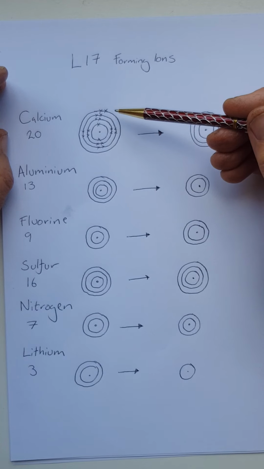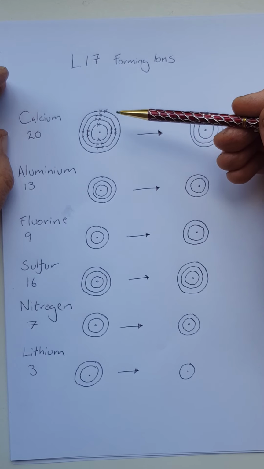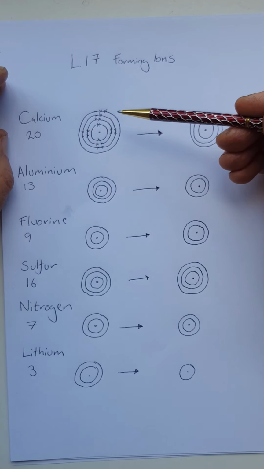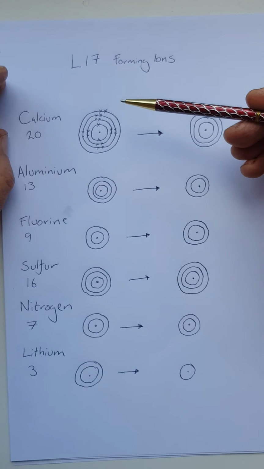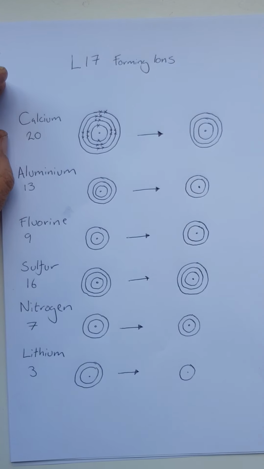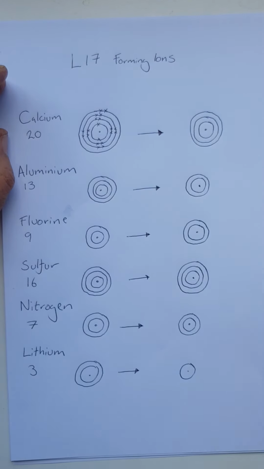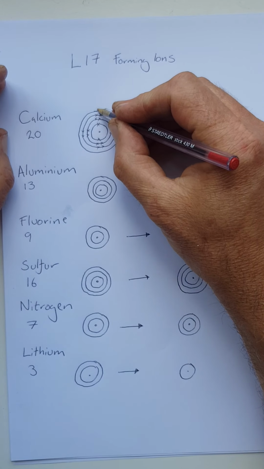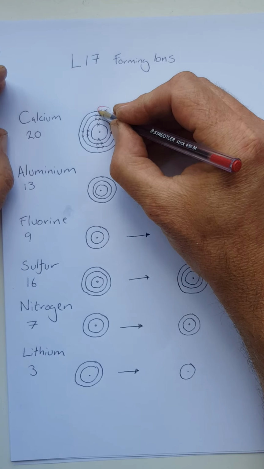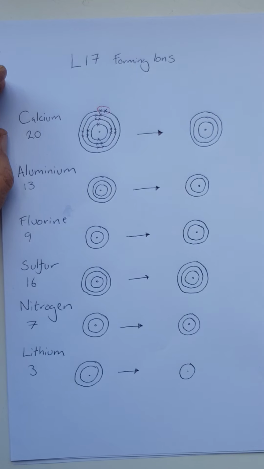And so what it will try and do is, in one way or another, make sure that its final shell is a full one, which means generally that metals, calcium's a metal, will do that by losing electrons. And you can see these two electrons here are sitting in the outer shell. And so the calcium's quite happy to donate those to someone else to get rid of them. And you generally find that that's the case with most metals.